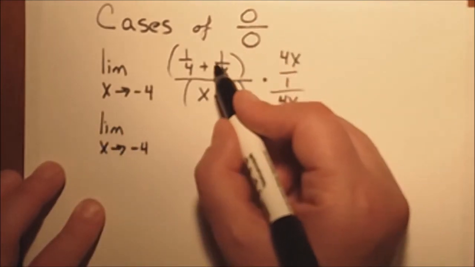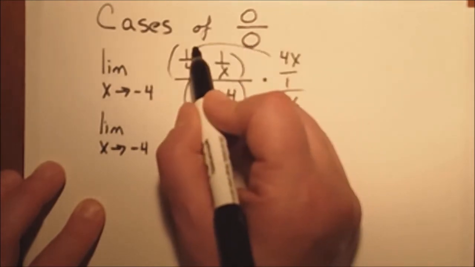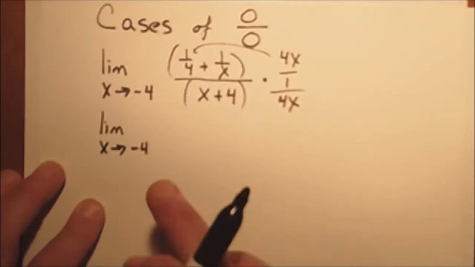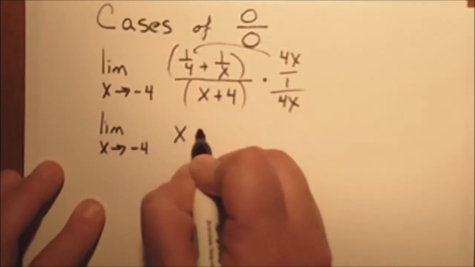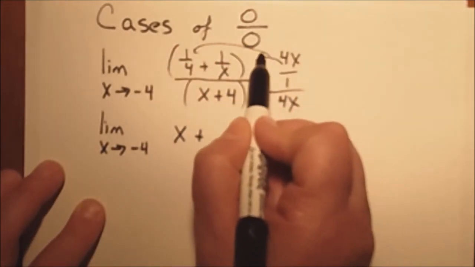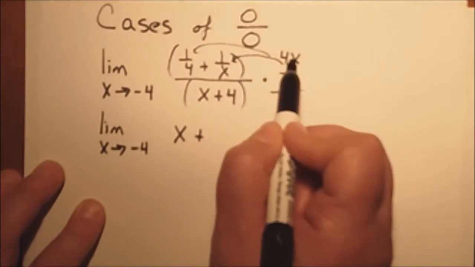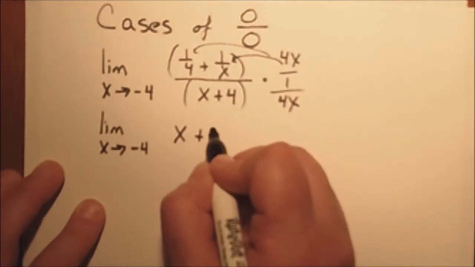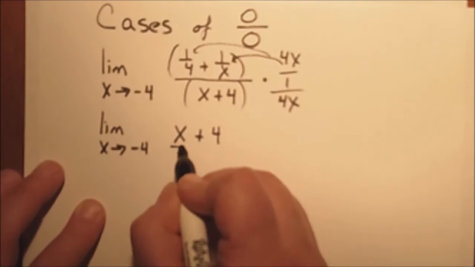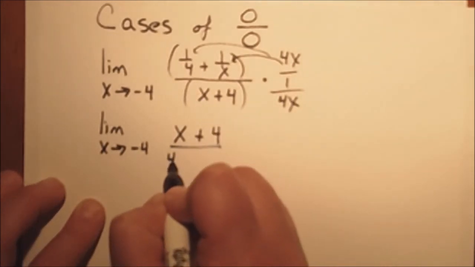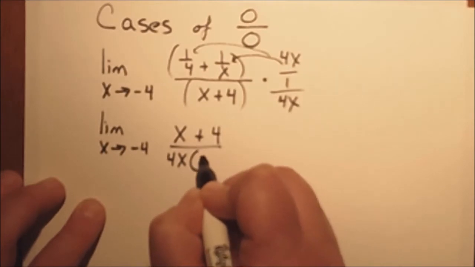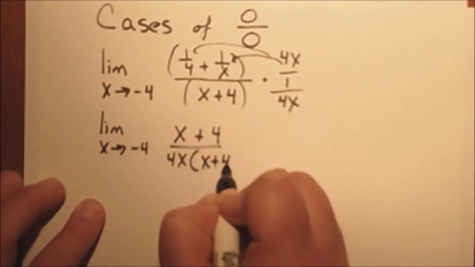And this is a wonderful method to use because in one quick step, the 4x divided by 4 would leave me with just x. Distribute this in, 1 over x times 4x leaves me with 4. And then in the denominator, I would get 4x times x plus 4.